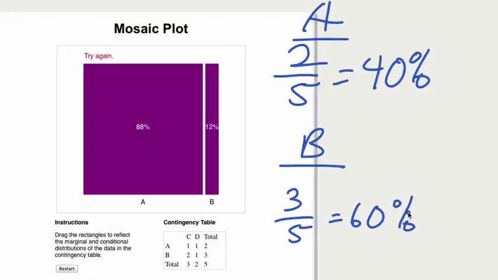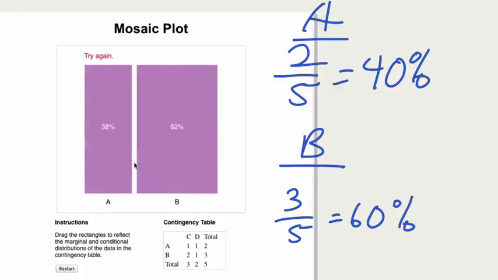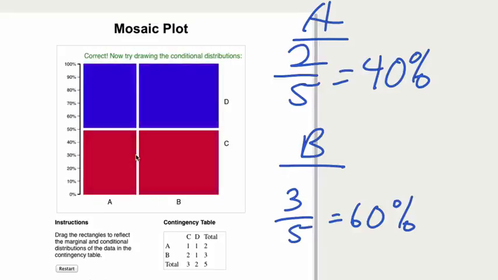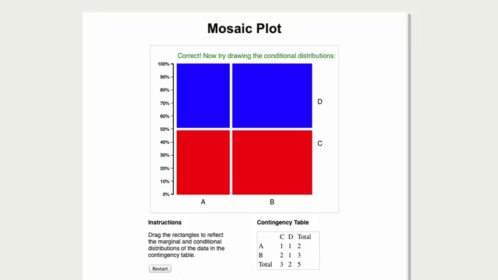So if we drag the plot to represent this distribution, what do we get? Good.